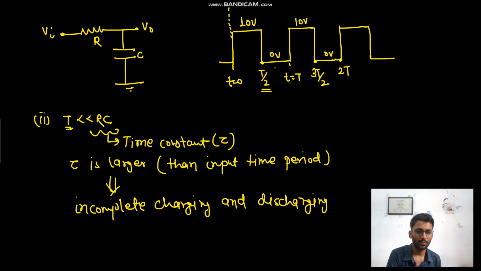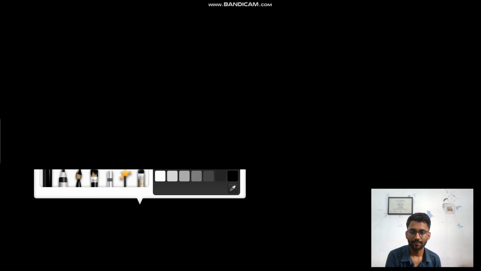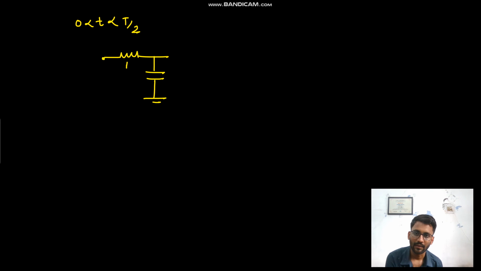Okay. So for 0 to T by 2, here we have 10 volt, R and C, and this is your V naught. The capacitor charges.